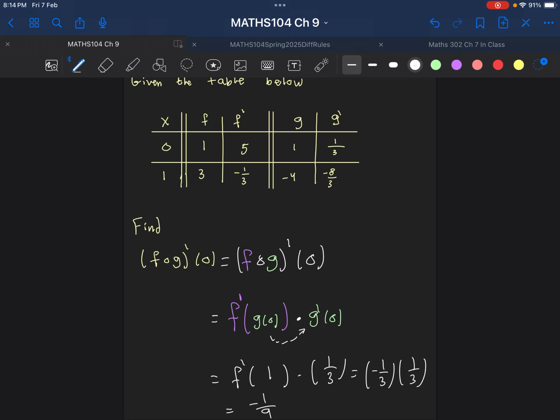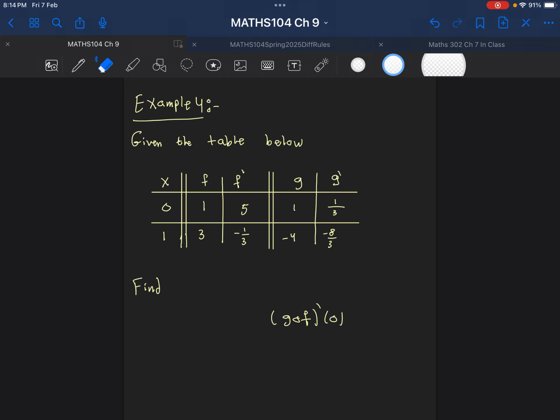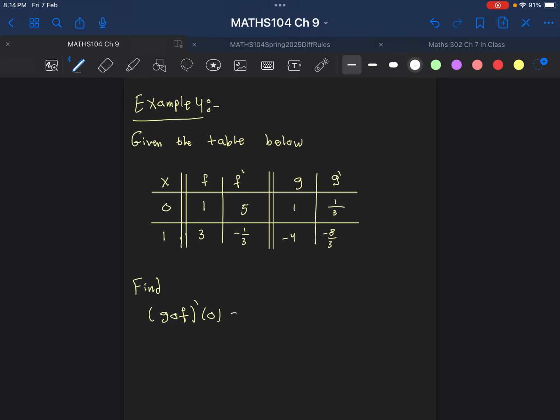So again, it's just a chain rule. We use it step by step. Let me go to the next one. And this is the next one up here. Again, we can just use the colors to know which function is the outer.